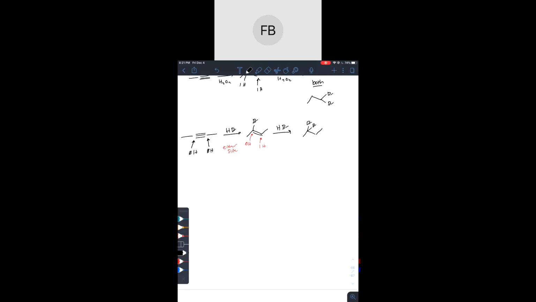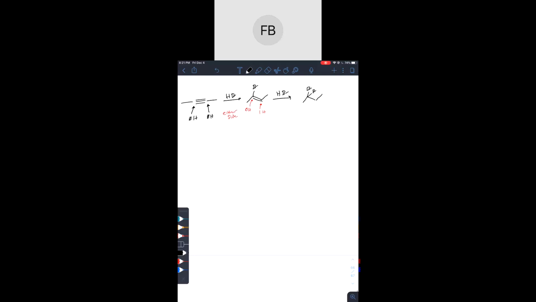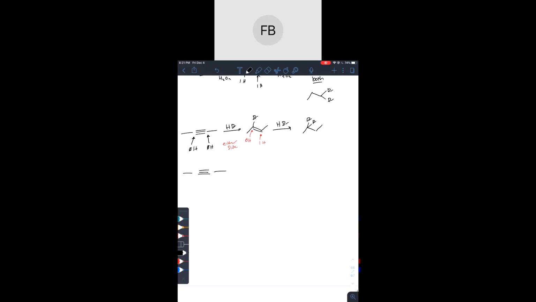Okay. So basically, the thing that I was trying to point out is, let's do an anti-Markovnikov example. So this was Markovnikov. So Markovnikov plus anti-Markovnikov with the same hydrogens, basically.